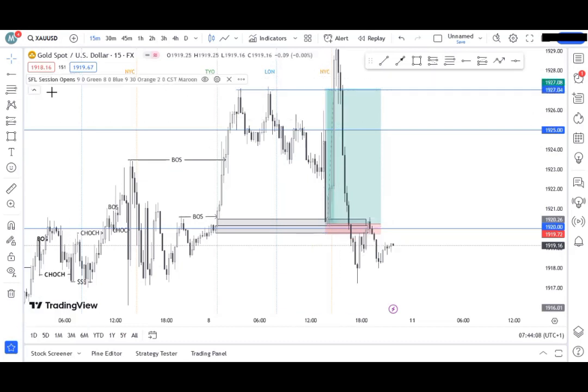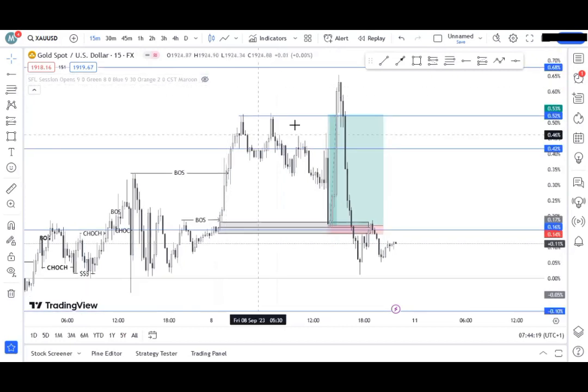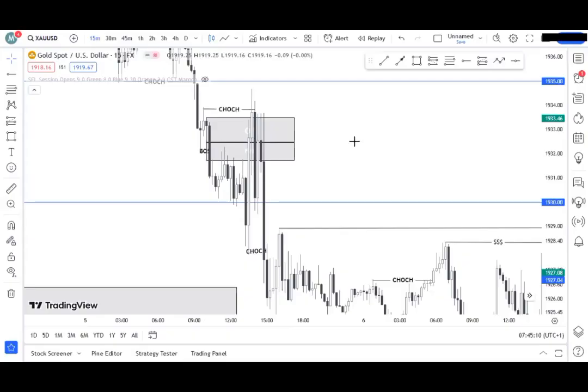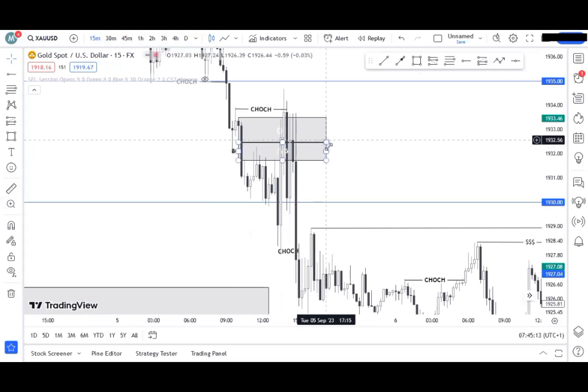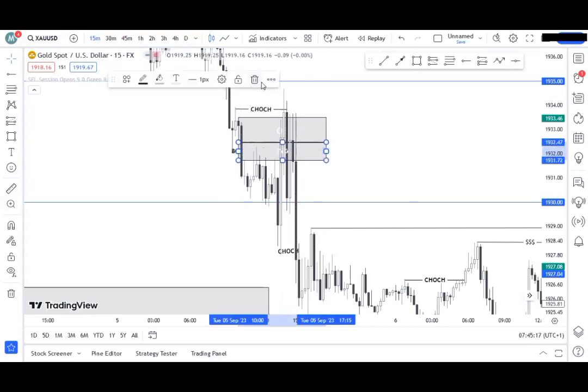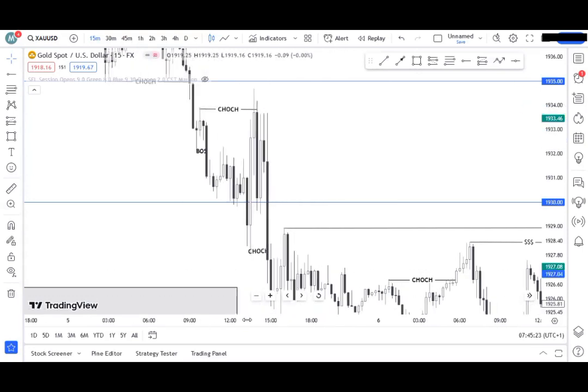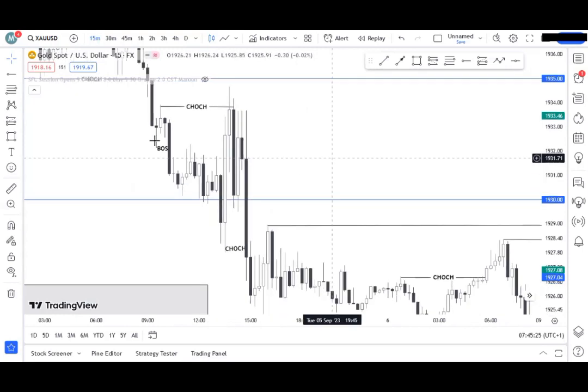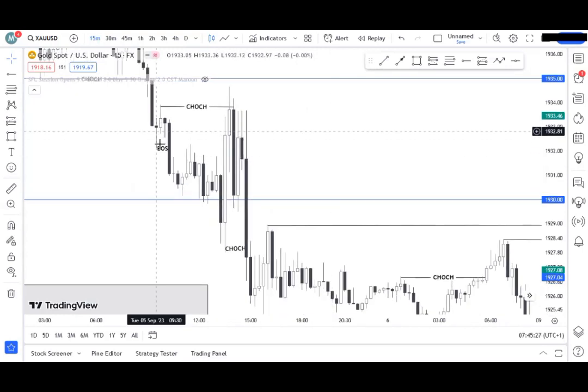So let me look for one more example. So like this one, this is an example of a down move here. Right. I got stopped out on this trade though. So if you guys can see, there's an impulsive move here. Like this.